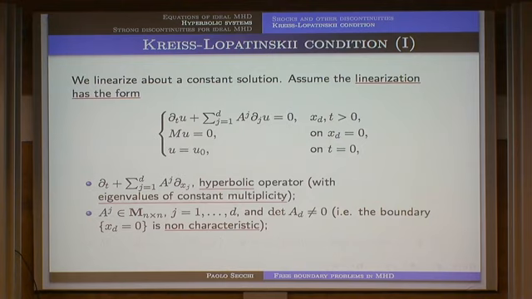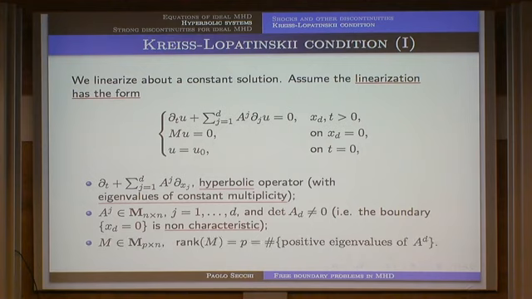Okay, so we assume that this is a hyperbolic operator with eigenvalues of constant multiplicity. N is the size of the system, the Aj are constant matrices. We assume also that the front, so the boundary xd equals 0, is non-characteristic, which means that Ad, the boundary matrix, is invertible, so the determinant is different from 0.